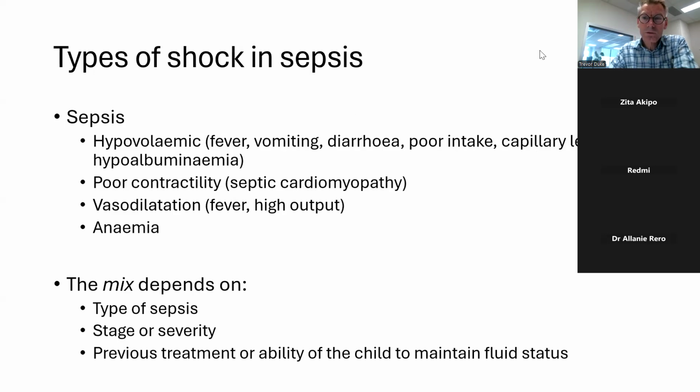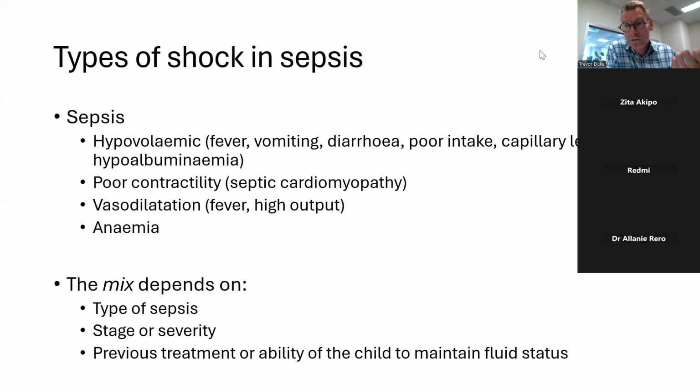But when I was talking about the different types of shock, hypovolemic, cardiogenic, vasoplegic, anemic, all of the different types of shock can occur in sepsis. And this is important because in any child who's got septic shock, there'll be different proportions of the shock that are due to hypovolemia.